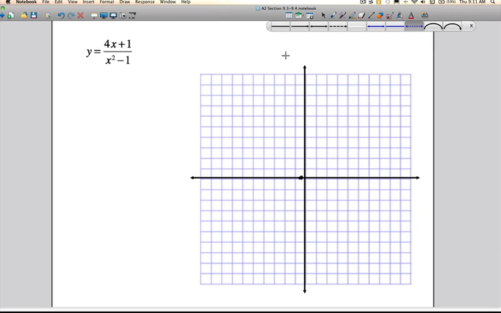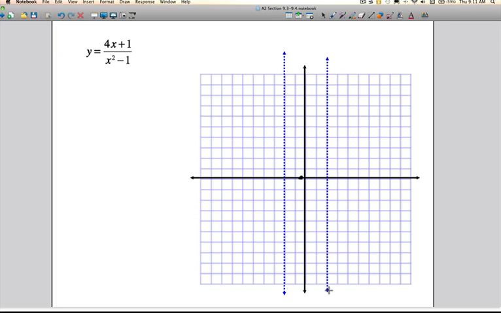I'm going to expand this out a little bit, and do a half per mark. So the vertical asymptotes are at 1 and -1, and I have a horizontal asymptote at y equals 0. If we want to label those, this is x equals 1, this is x equals -1, and this is y equals 0.